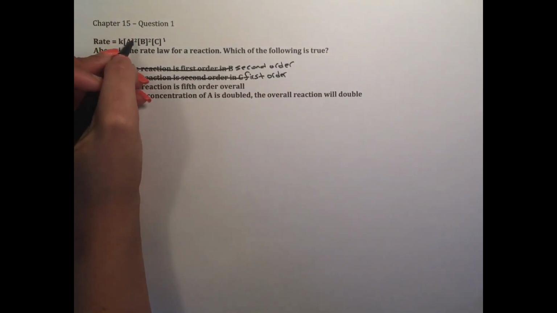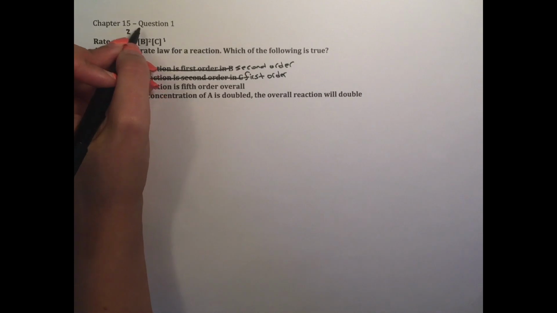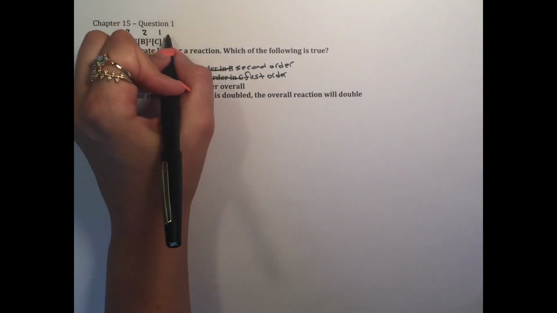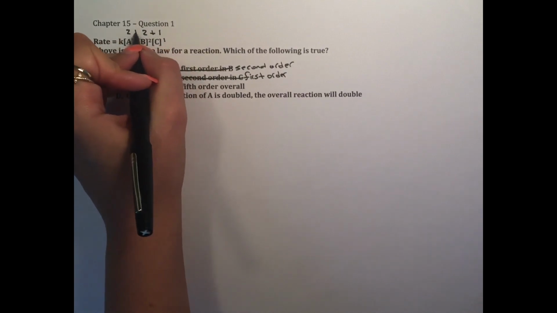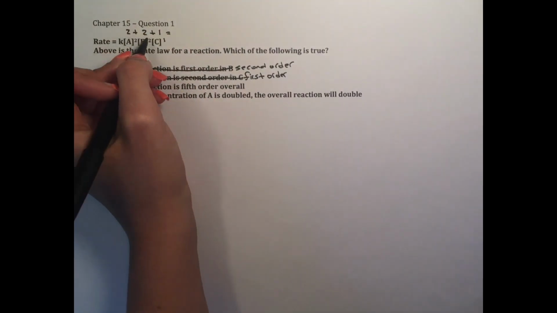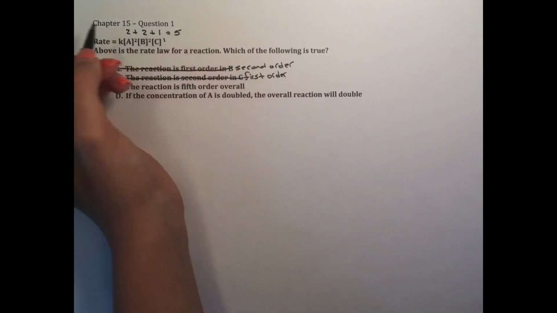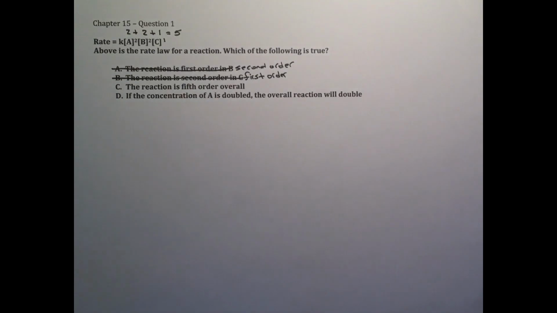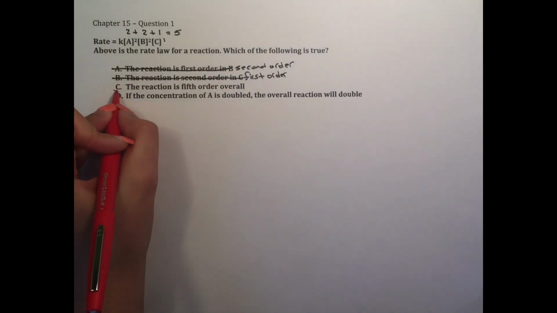Well, for A we have a 2, for B we have a 2, and for C we have a 1. In order to find the overall reaction order, you just add up the exponents. So 2 plus 2 plus 1 gives you 5. So the reaction is fifth order overall. This is correct.